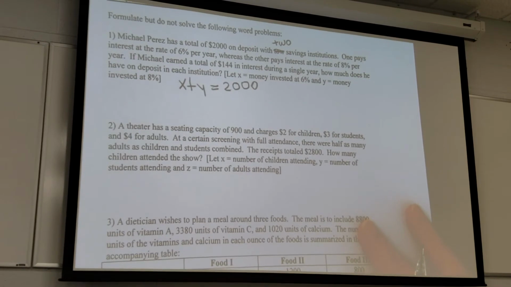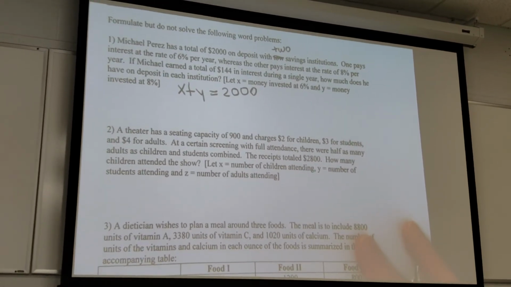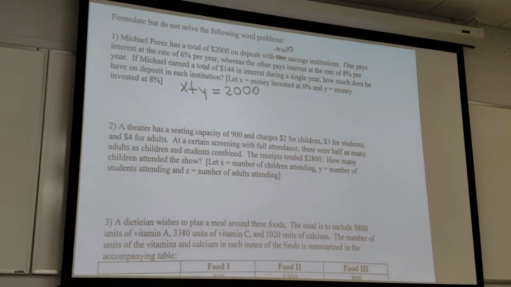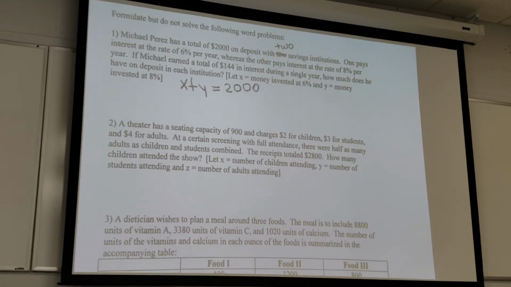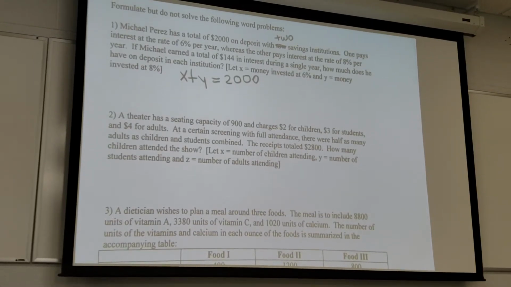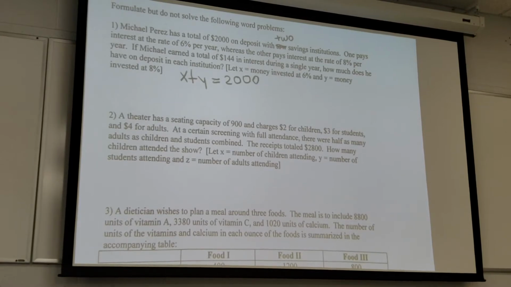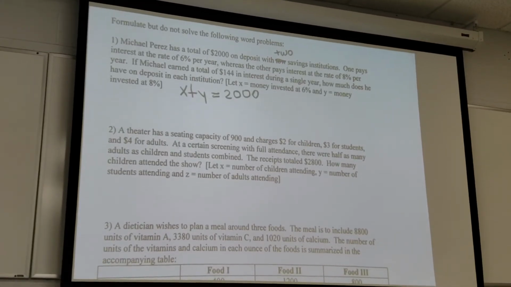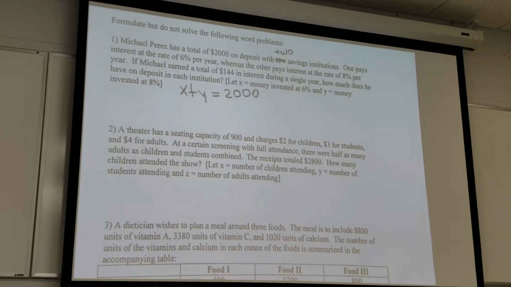Yes, sir. Just making sure. Now, also, he earned $144 in interest. One part of it at 6%, part of it at 8%. You can't put percents in an equation.